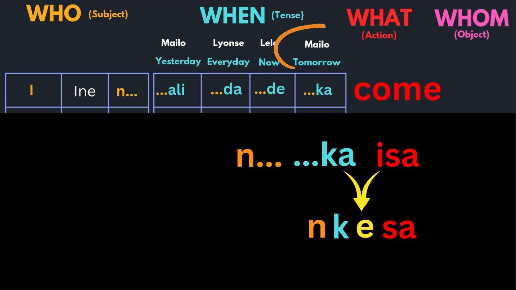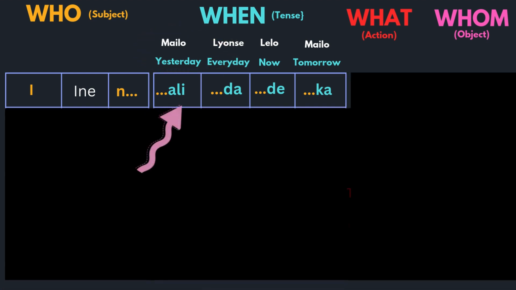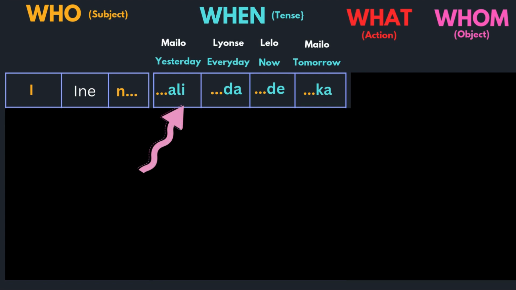Now think about yesterday. What is the tense marker for yesterday? From our chart, yesterday is Ali. So the Ali in a sentence is referring to yesterday.